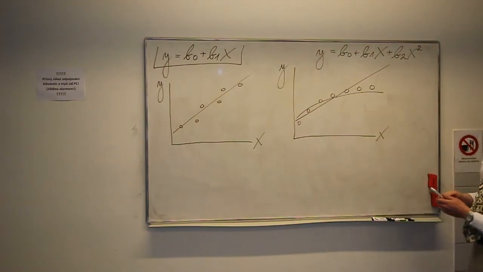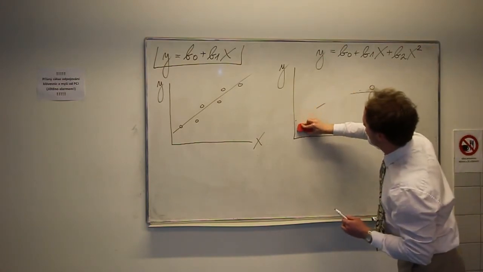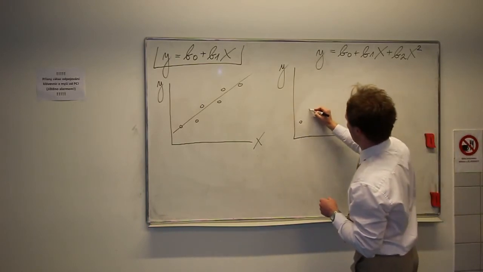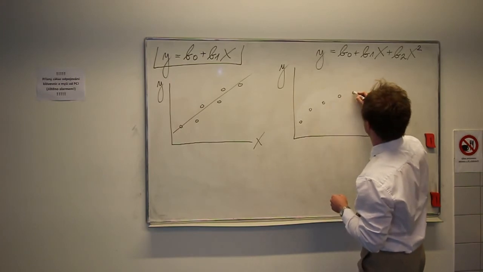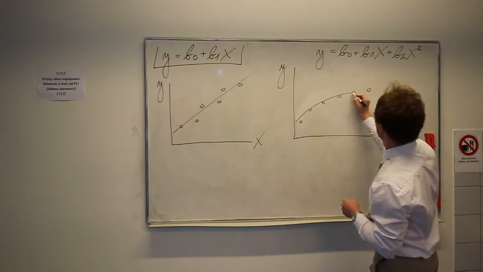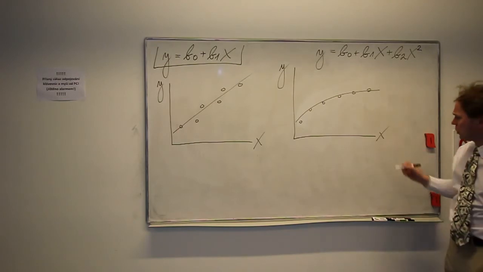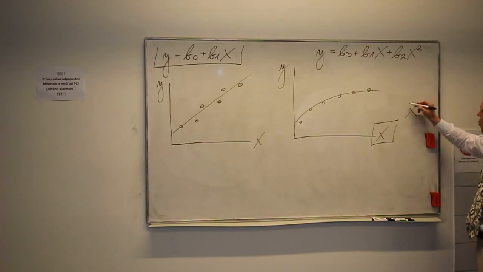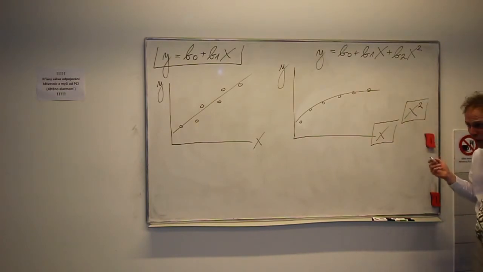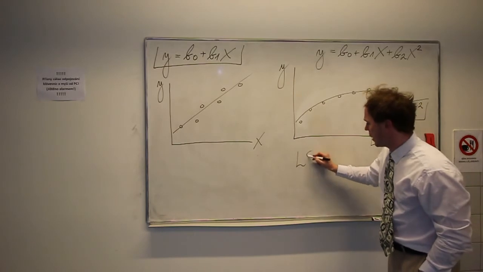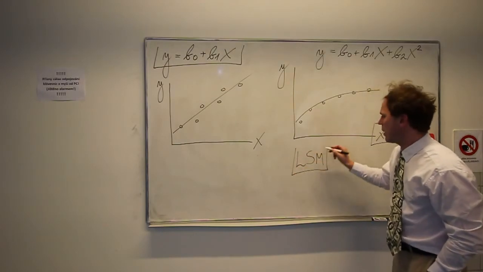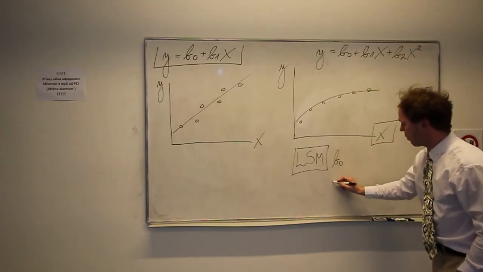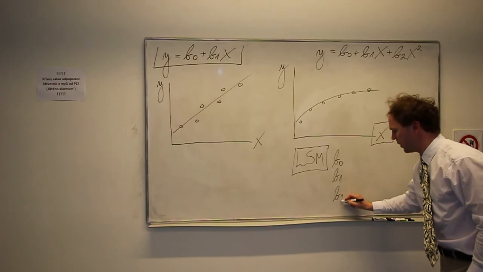So for the fitting of these values, it's necessary to have the variable x and variable x squared. After that we will use the least squares method, and we will calculate three coefficients: b0, b1, and b2.